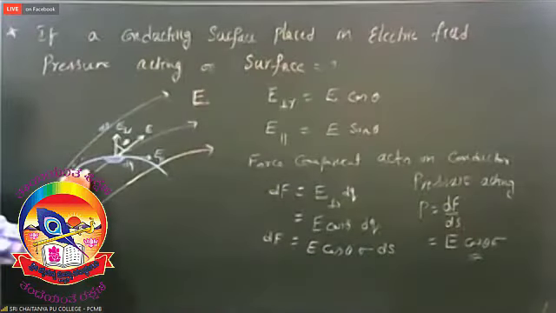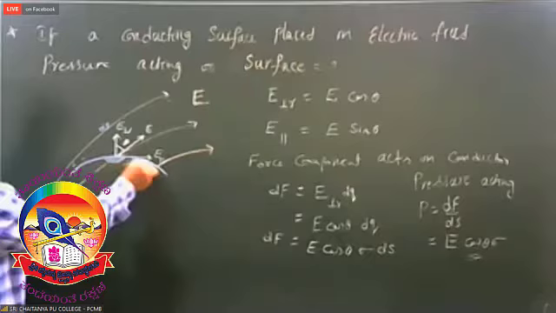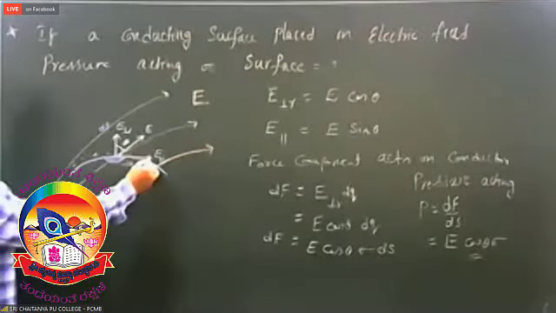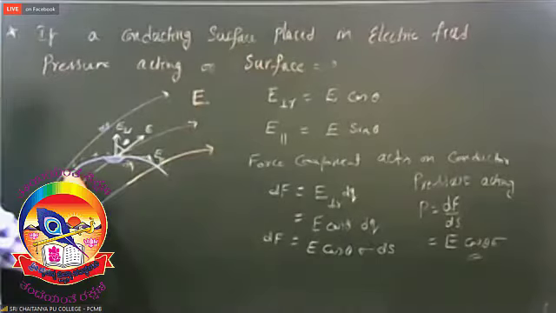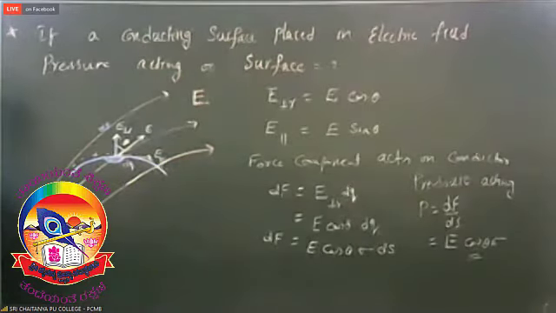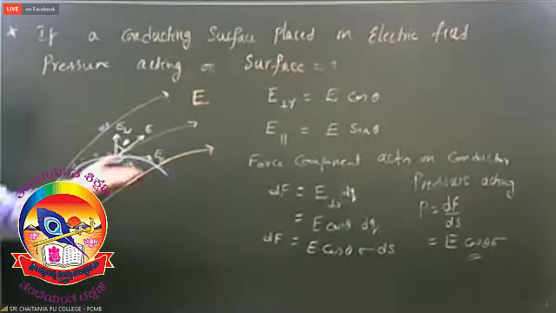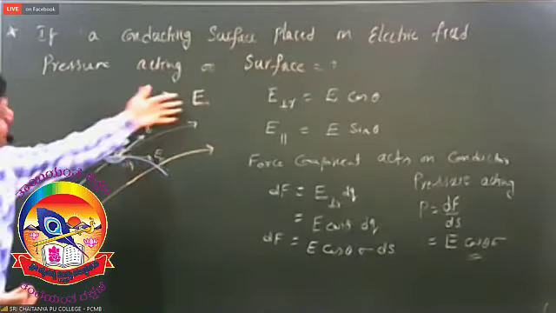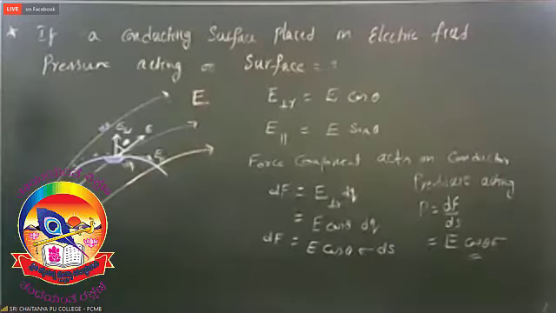Whenever a charged conducting surface is placed in an external electric field, that is the pressure that acts on it due to the external electric field, right?